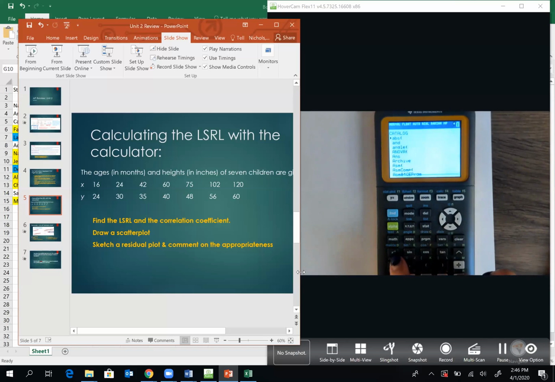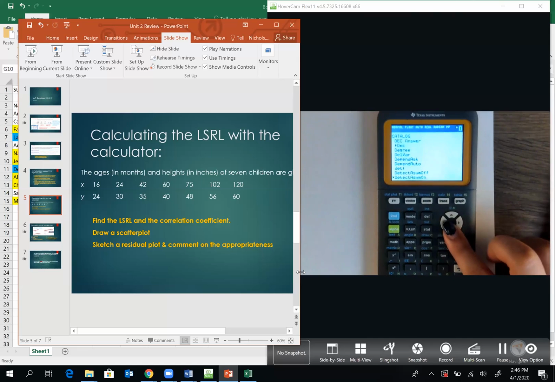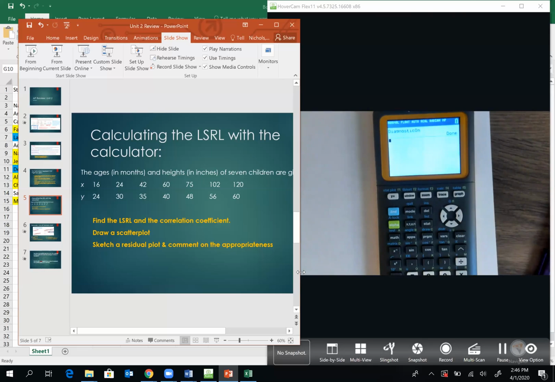So hit the D, which is on the X to the -1, and I want Diagnostic On, and then I press Enter. So that's the old school way to do it. If you have an older calculator, you might need to, but most of you should be using a TI-84 or higher.